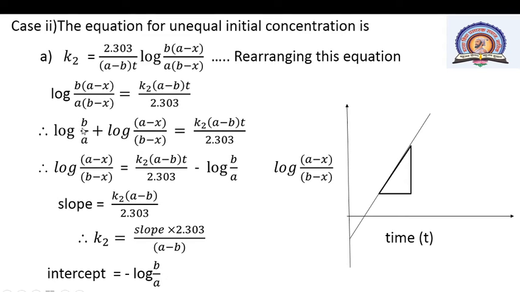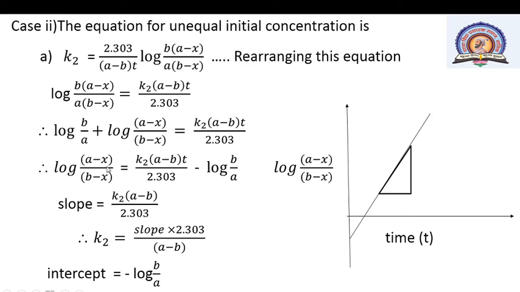Therefore, again the above equation is written in this way: log b upon a plus log [(a minus x) divided by (b minus x)] is equal to k2 (a minus b) into t divided by 2.303.